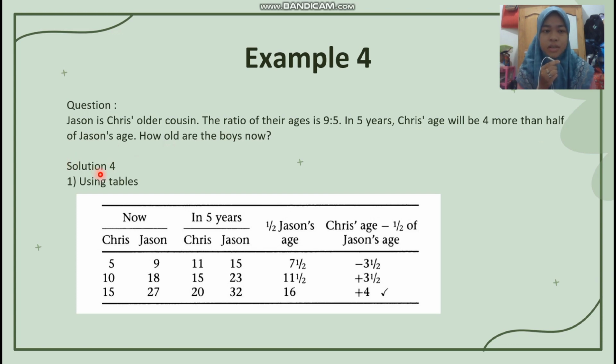And the solution, we can use a table first. Then, this is a table.